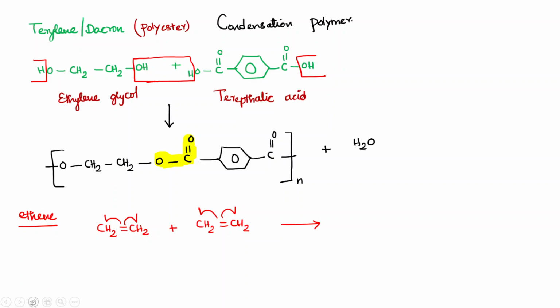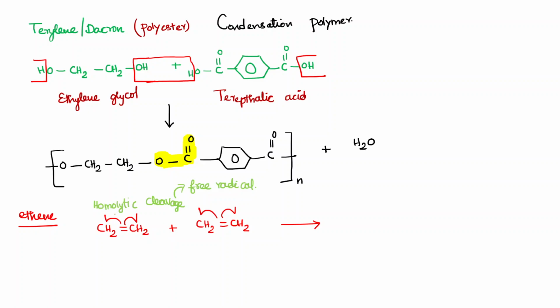The bond which I have represented here is homolytic cleavage. This homolytic cleavage will result in the formation of free radicals, which you will be learning in higher courses, possibly when you go for higher grades such as 11th and 12th standard.